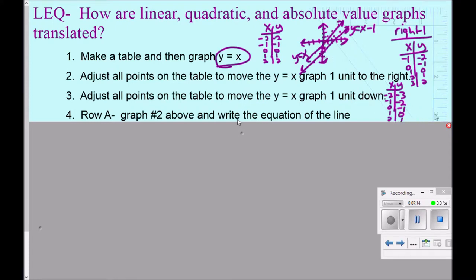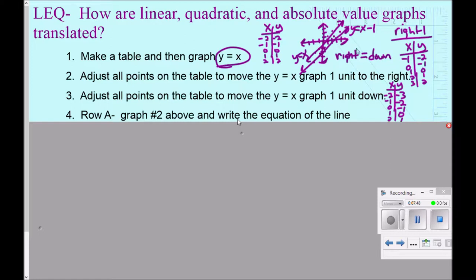All these points are already on that graph that we just did of y equals x minus 1, which means that the equation for y equals x shifted 1 to the right and the equation for y equals x shifted 1 down are both y equals x minus 1, which means that a shift right is the same thing as a shift down.